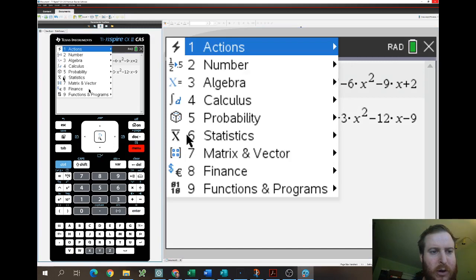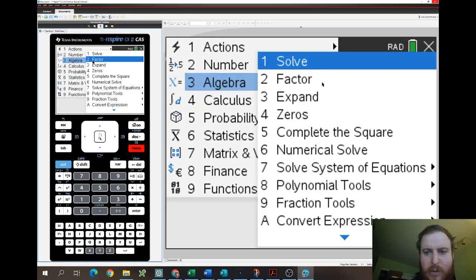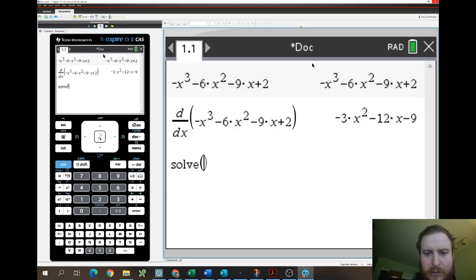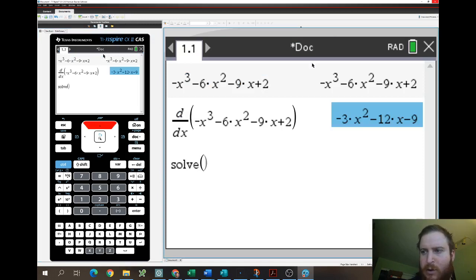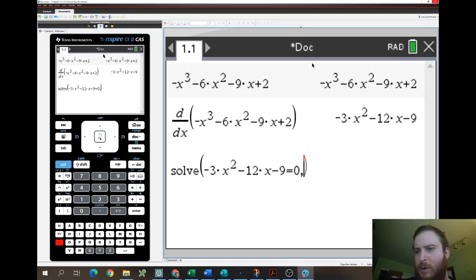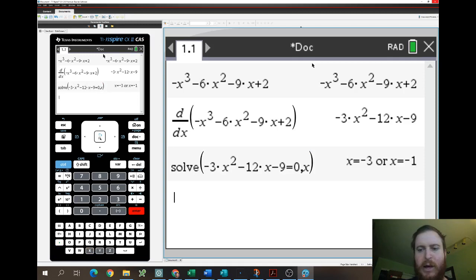And then you can go to Menu, Algebra, Solve, and we can solve for this derivative equals 0, comma, x. And that gives us the -3 and the -1. Those were our critical points.